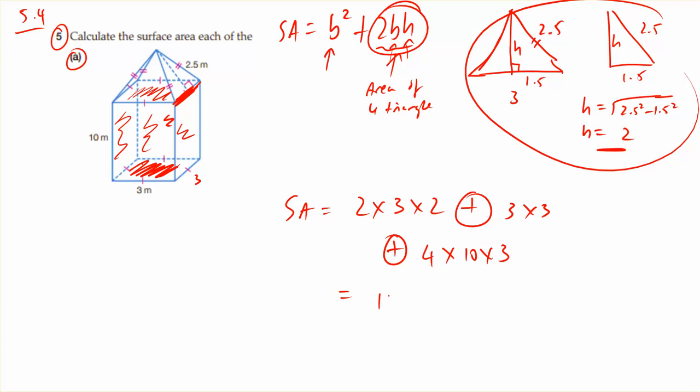So your answer should be 141. You have to have the units, meters squared, because it's area. Okay. So the trick was, you shouldn't use 2.5 as your height. The actual height is 2 when you're doing your calculation. Hopefully that helps.